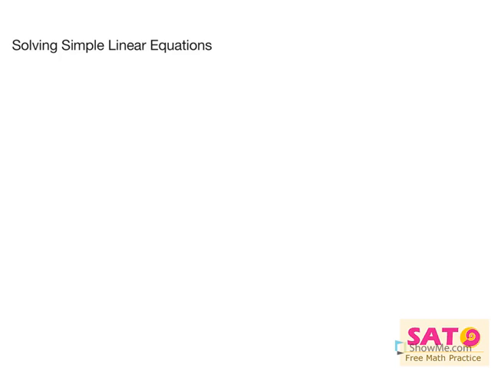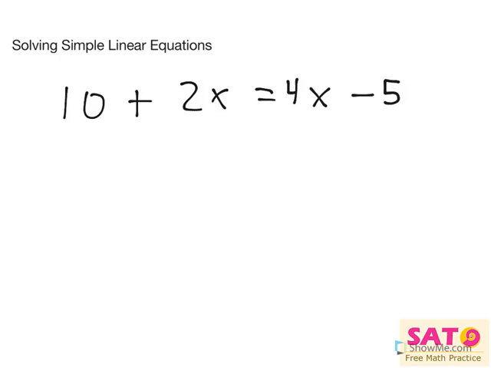We can also have multiple terms with the same variable, such as, let's say we have this. In this equation, we have one variable, but the variable is split into multiple mini variables of the same value. So what we need to do is combine like terms. We need to combine the x's and combine the numbers. So what we would do is subtract 2x on both sides, and you always want x to be positive.